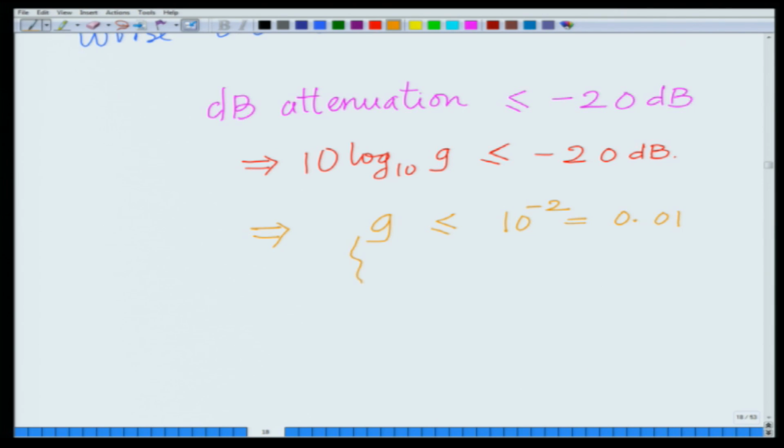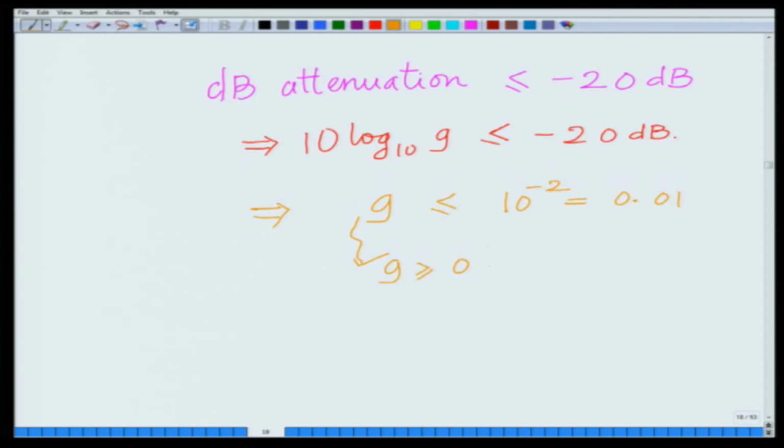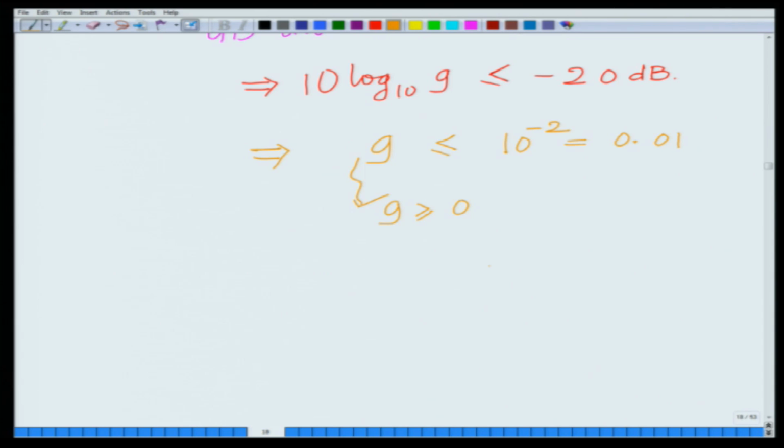And we already know that G is greater than or equal to 0, because this is the power gain, and power cannot be negative, which means we are asking what is the probability that 0 is less than or equal to G is less than or equal to 0.01.